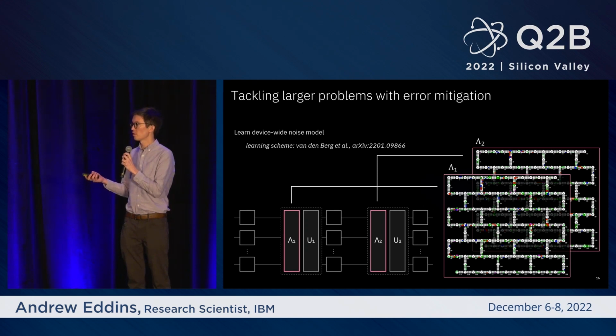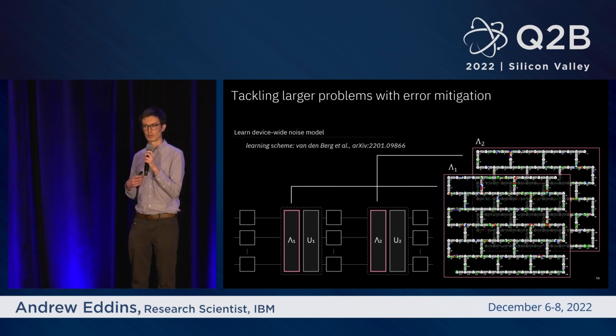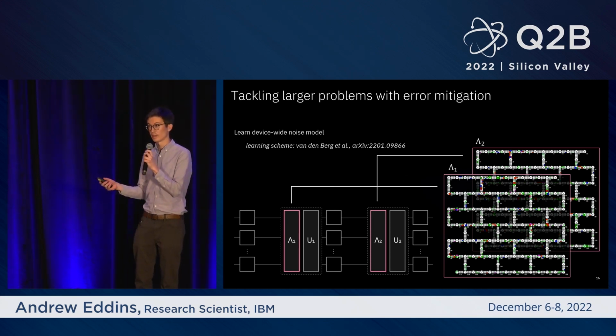In this recent paper by Vandenberg at that archive ID there, they demonstrated the use of an efficient learning scheme where they can learn a noise model for a layer of CNOTs across a full 27-qubit device in that case. And once they had that noise model, they're able to invert it and cancel the errors that occur in their circuit on average in a process known as probabilistic error cancellation. That allows them to obtain accurate observables even after a number of CNOT layers.